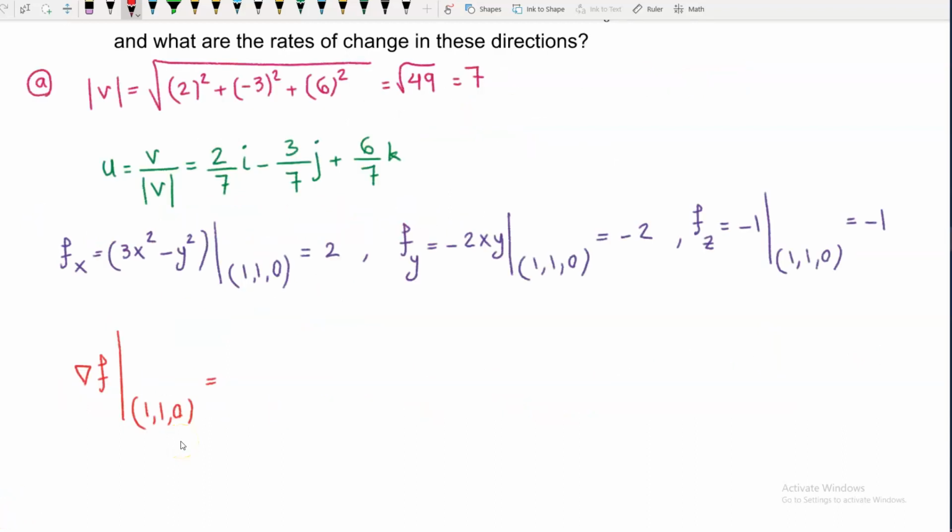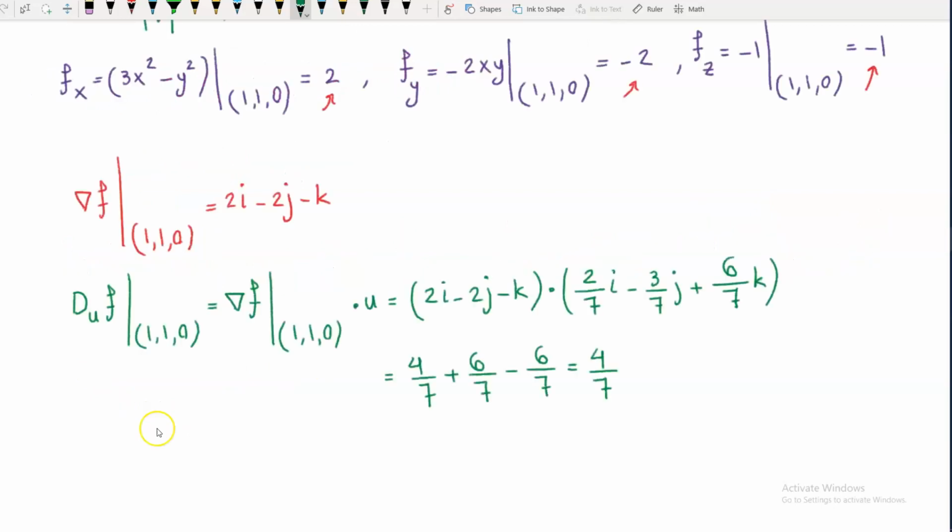The gradient of f at p0 is, based on what we have here, 2i minus 2j minus k. The derivative of f at p0 in the direction of v is equal to 2i minus 2j minus k dot what we had for u, which was 2 over 7 i minus 3 over 7 j plus 6 over 7 k.